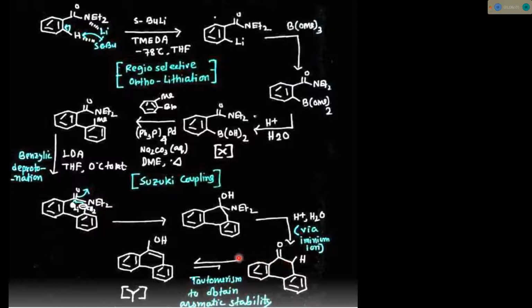So after tautomerization, in the enol form the whole system becomes a phenanthrene nucleus, which is an aromatic compound. So in that case this compound will exist only in the enol form due to attaining aromatic stability.